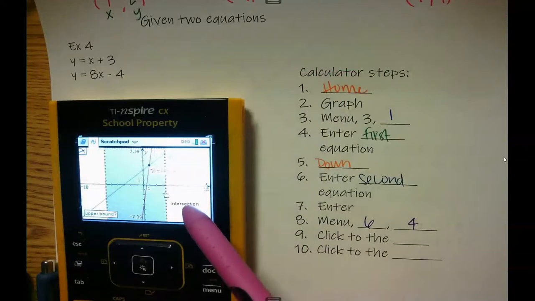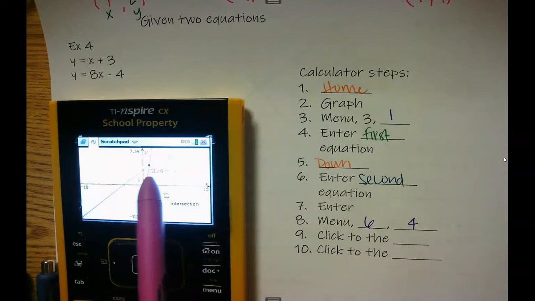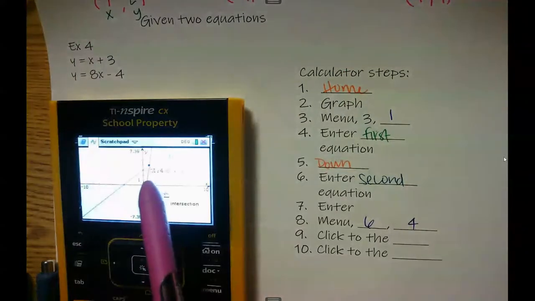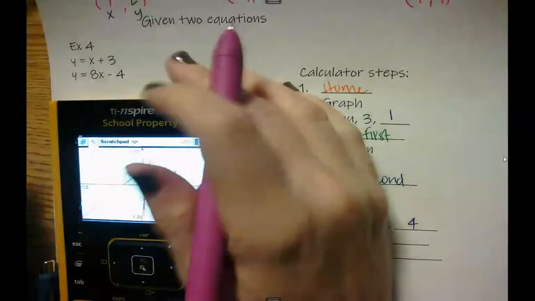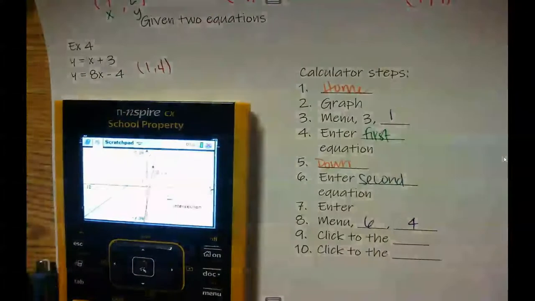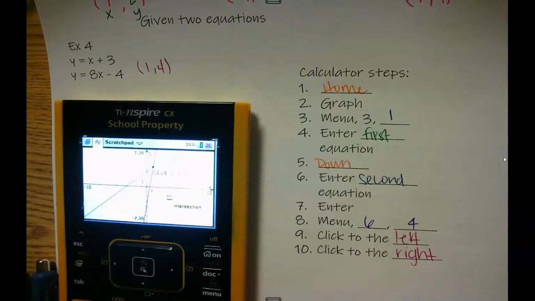Once you see the word intersection, you can stop and press. And this is hard to see, but you see what popped up is that point where those intersect. So it looks like our graph's above, and then it says 1, 4. So we clicked to the left, and then we clicked to the right, and it gave us our intersection.